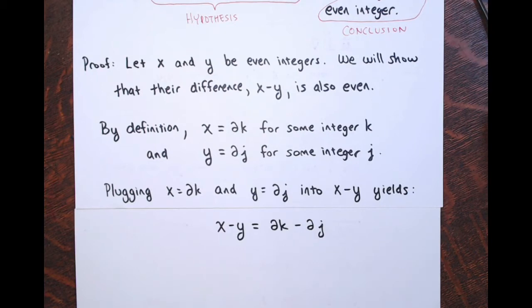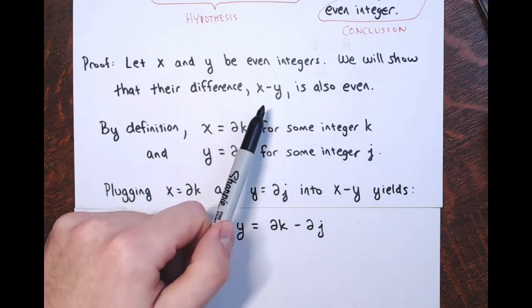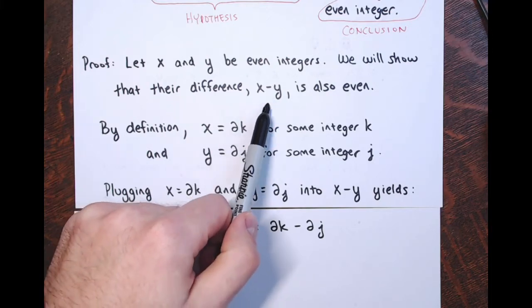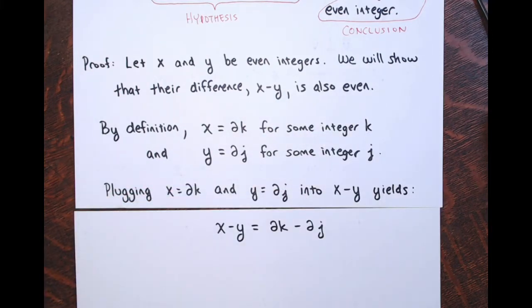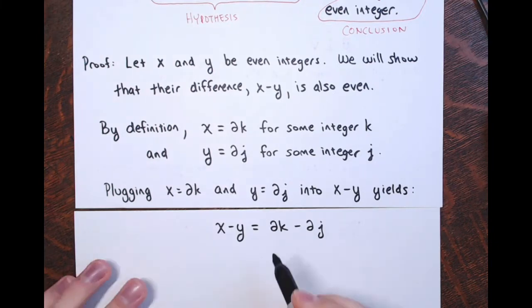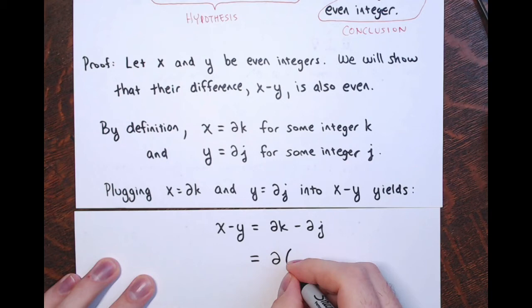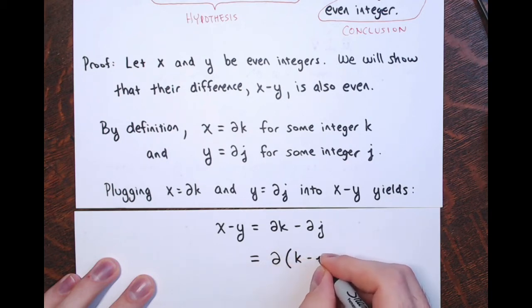And if you recall, what does it mean? We're trying to show, always keep in mind what you're trying to show. We're trying to show that x minus y is even. And you have to remember what it means to be even. Being even is being a multiple of 2. So can I rewrite this as 2 times an integer? Well, if you look at these, both of these terms have a factor of 2 in it. I can factor that out. If I pull a 2 out, this will be 2 times the quantity k minus j.